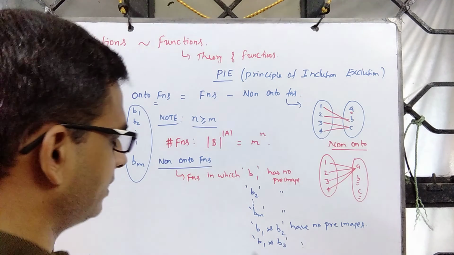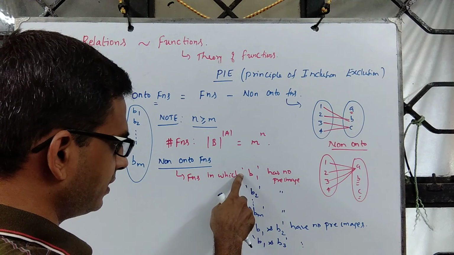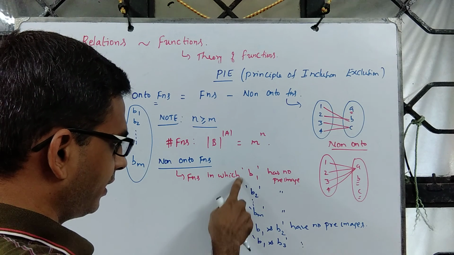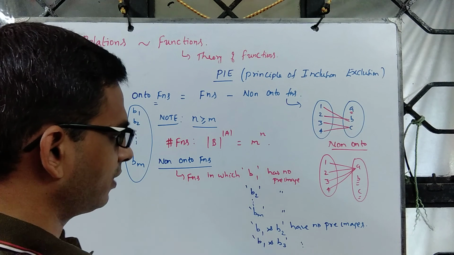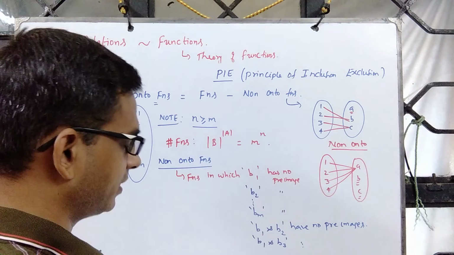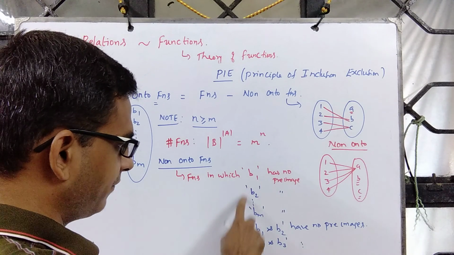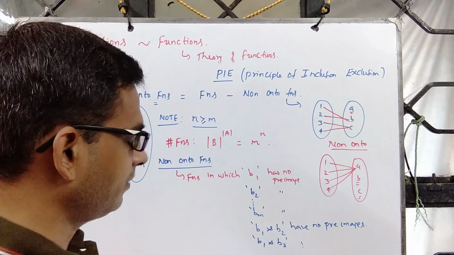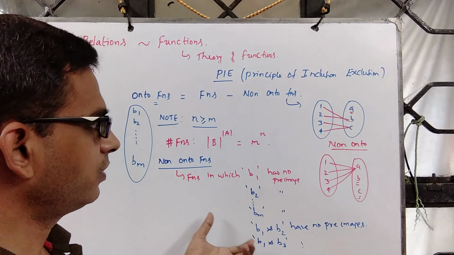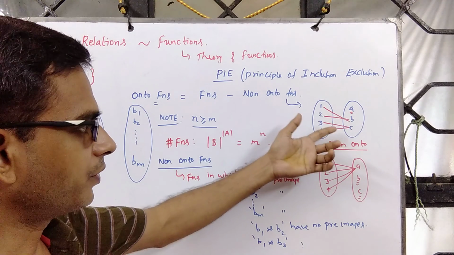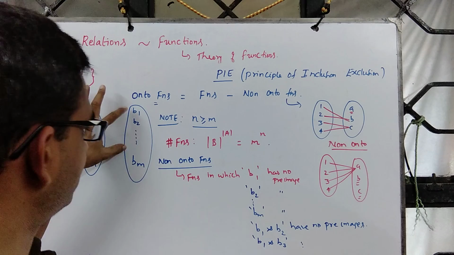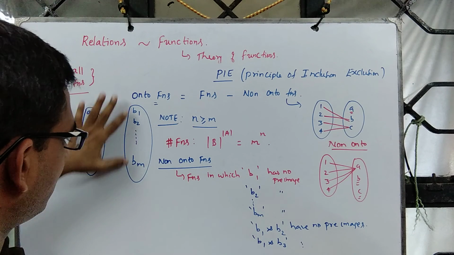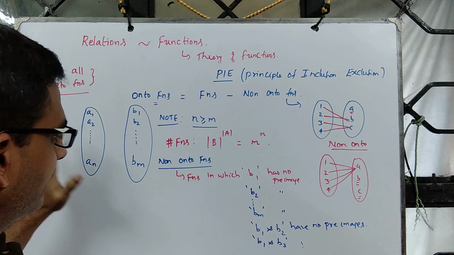If you generalize this, one element is not having a preimage, two elements are not having, then 3, 4, and so on up to m minus 1 elements.